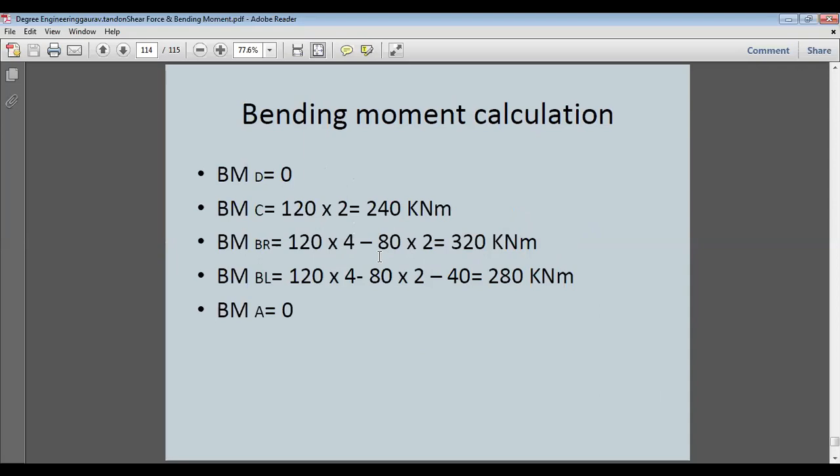Then we are having 120 into 4 minus 80 into 2 because 80 into 2 is acting downwards. Sorry, 480 minus 160, this is 320.